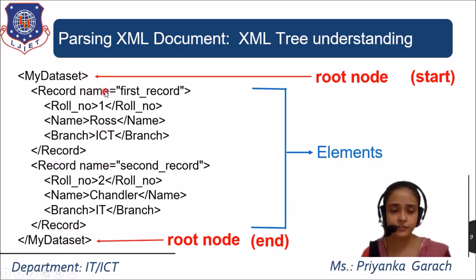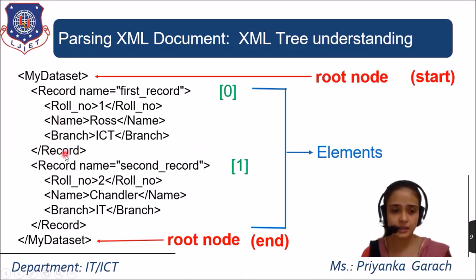I have two different tags whose name is record. This will be at my index position 0 and this will be at index position 1. Using Python, if I want to access the first record tag, I will use index position 0. If I want to access the second record tag, I will use index position 1.